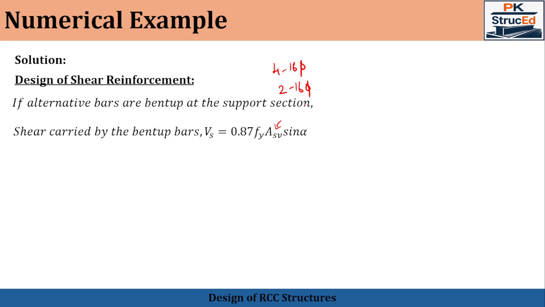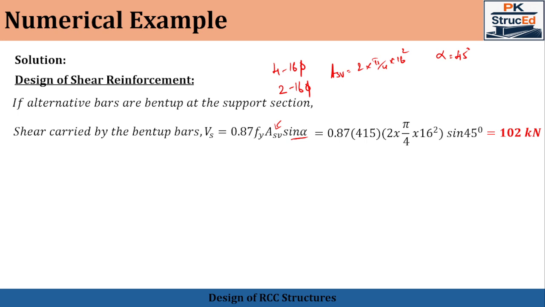So in that case, Asv will be equal to 2 into pi by 4 into 16 square. Alpha is the angle about which the reinforcement will be bent from the bottom to the top. In all the cases, we can assume alpha is equal to 45 degrees. Substituting everything, the shear carried by the bent up bars is 102 kilonewton. Similarly, the concrete itself will take care of some shear.